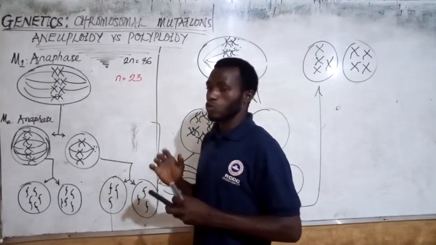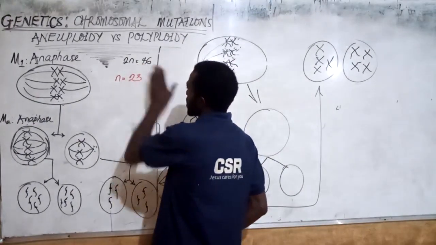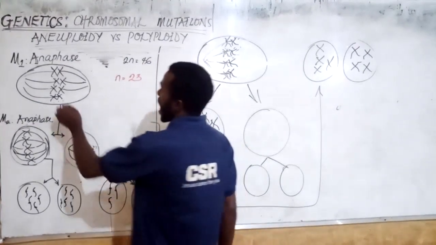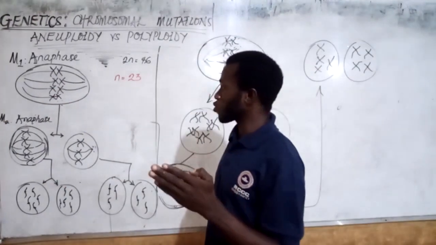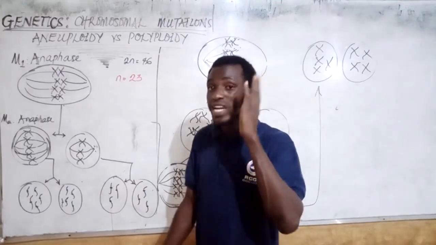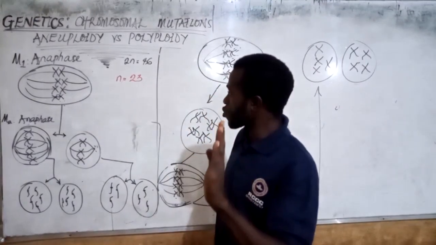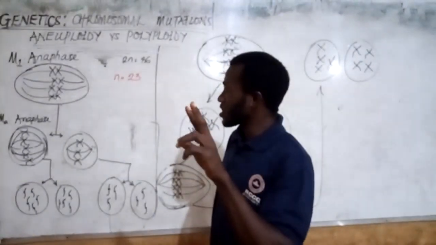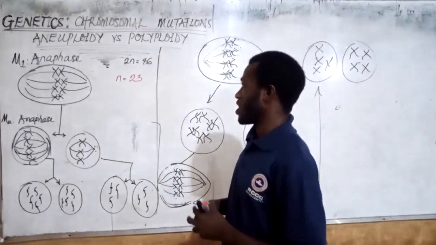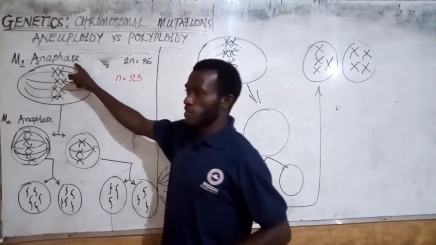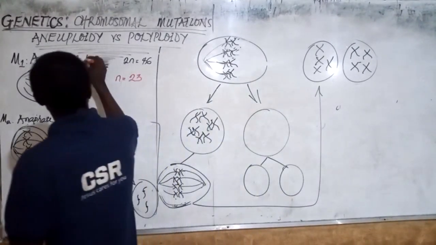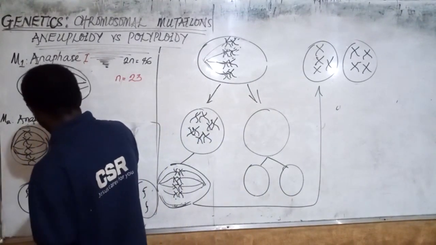Out of the 46 chromosomes, I've chosen only a few; I'm working with only 8 sister chromosomes here. Now, what happens in meiotic anaphase 1, and this is anaphase 2?